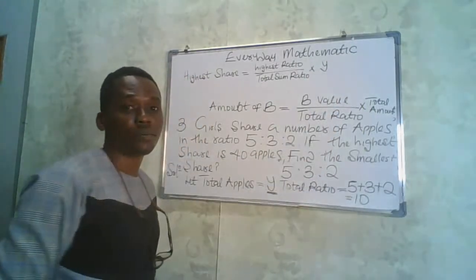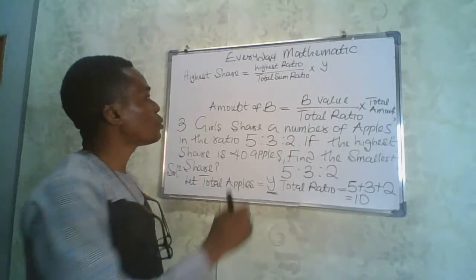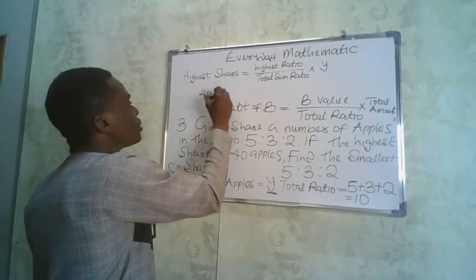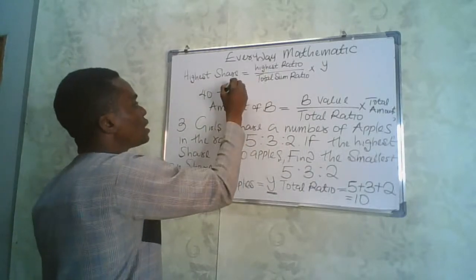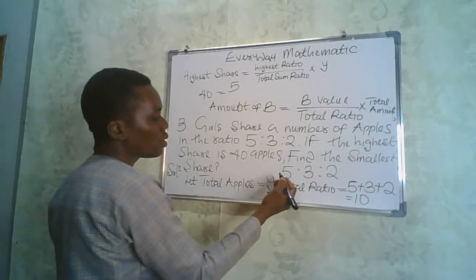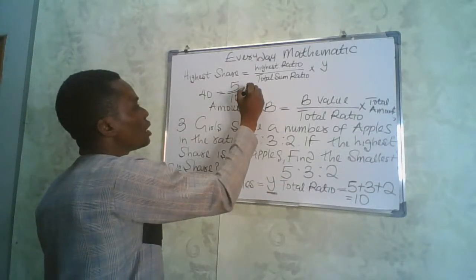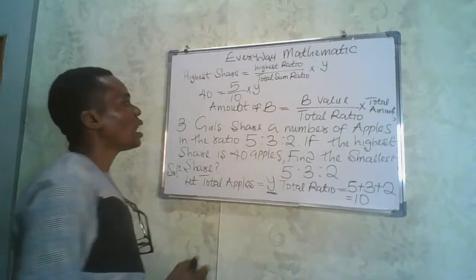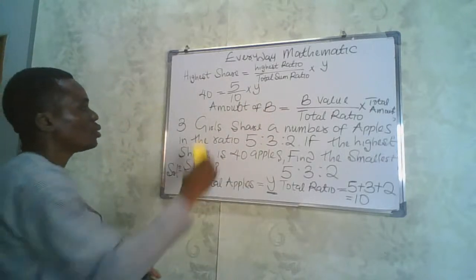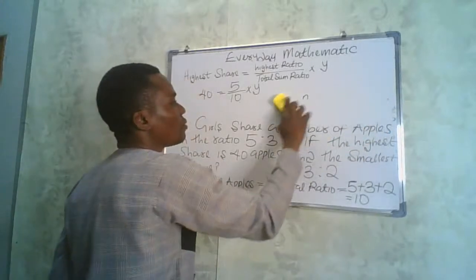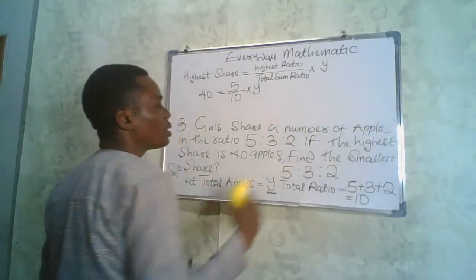which is y. So if we have that, we are going to have 40 equal to the highest ratio, 5, divided by the sum 10, times y. And that is what that equation is going to give us. We'll simplify that.